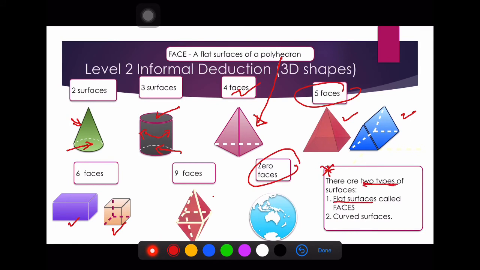The flat surface is called face for polyhedron. For non-polyhedron, we'll still call them flat surfaces, and curved surfaces. So again, non-polyhedron will have flat surface and or curved surface, but for polyhedrons, they have face, and face is defined as a flat surface of a polyhedron.